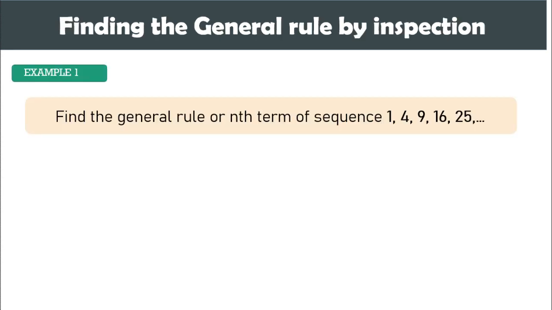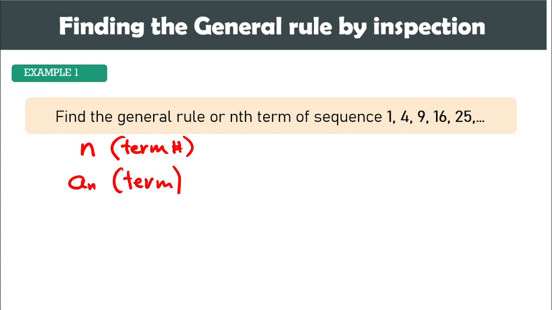So we have here example number one: find the general rule or nth term of the sequence 1, 4, 9, 16, 25. The first step in this example is to make a table and list the values of n and a sub n. We all know that n is the term number, and we're going to list down also the a sub n, which is the term.